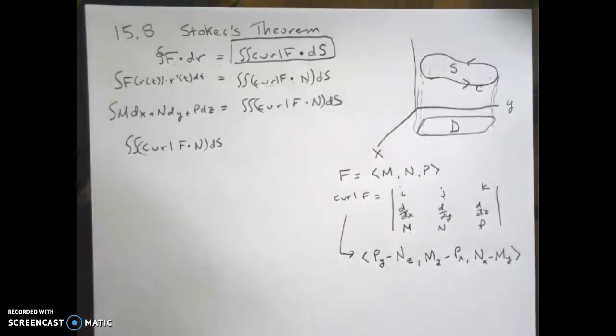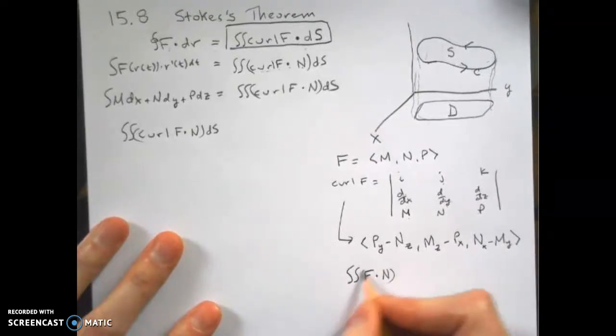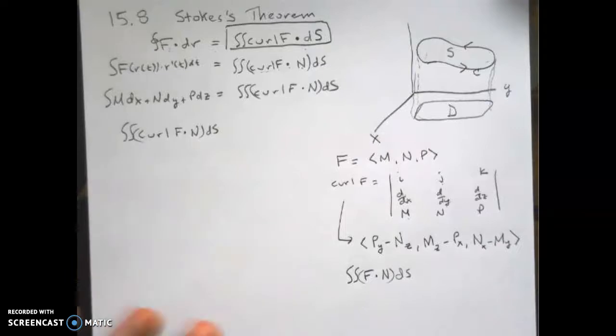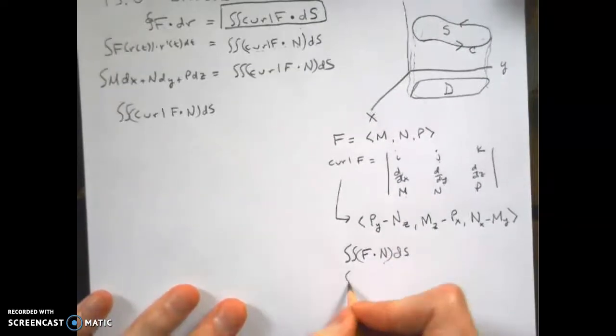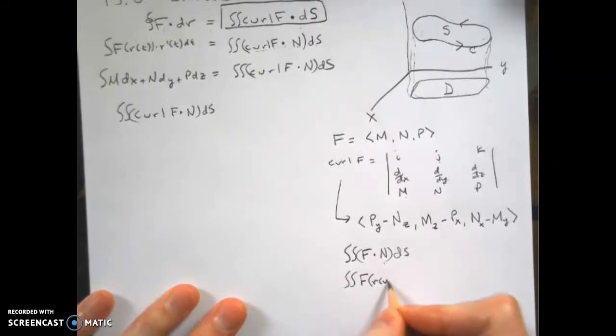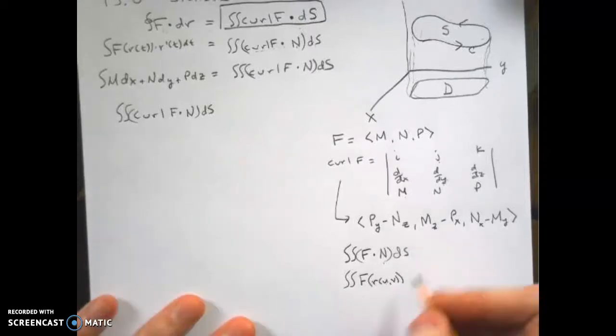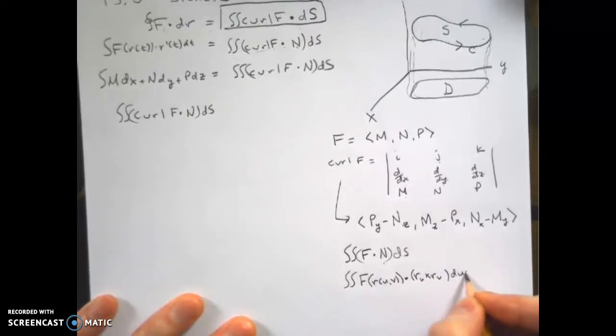Now I also want to refresh, when we find flux, the double integral of F dotted with n dS, remember what we're actually doing when we calculate this. You would have the double integral of F of r of u, v, since you parameterize your surface with respect to u and v from any two parameters, and then we dot that with r_u cross r_v, du dv.